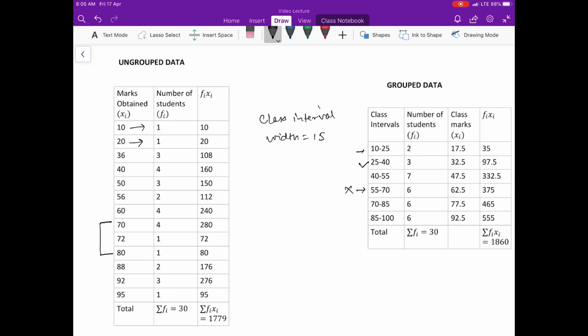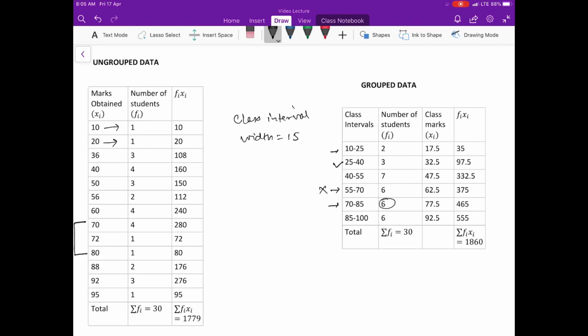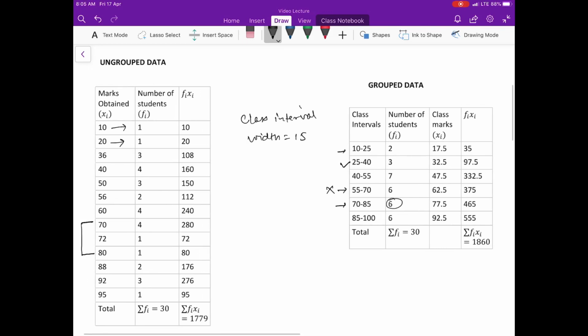So we will consider the 4 in this group, 70 to 85, that is 6. In this way, you can consider higher class limit data in the next class. So we are making the class intervals in this manner.